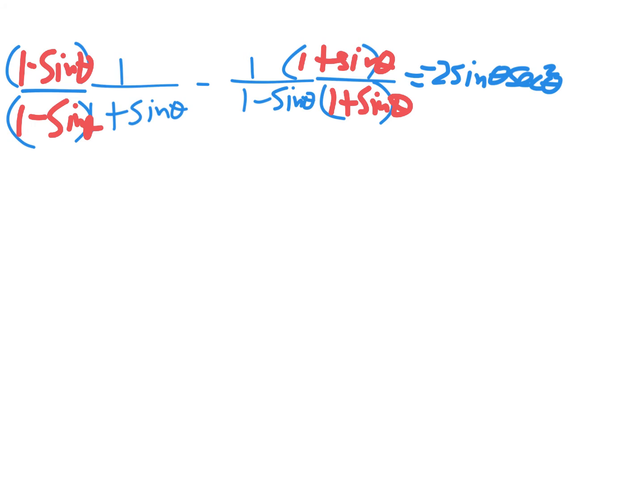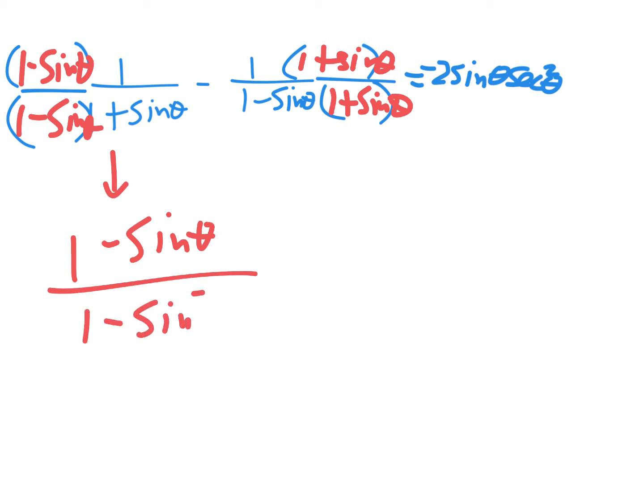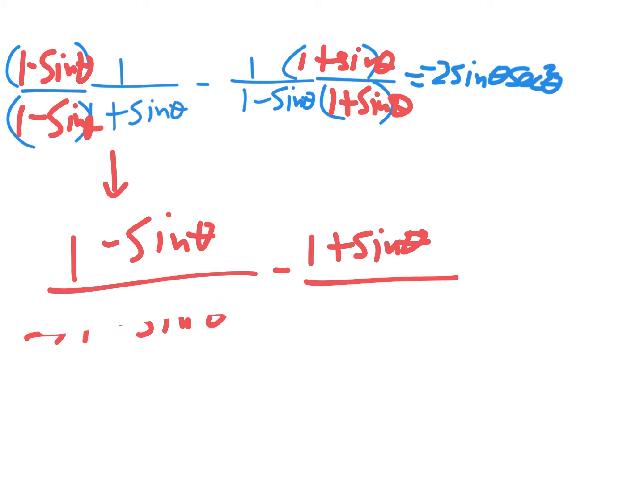Okay, so on the top here, you've got 1 minus sine over 1 minus sine squared, which is just begging to be changed out for something else. 1 minus sine squared is the same as cosine squared. And this is 1 plus sine. Same denominator. So I'm going to put them all into one big fraction because you can do that when they have the common denominator, right?